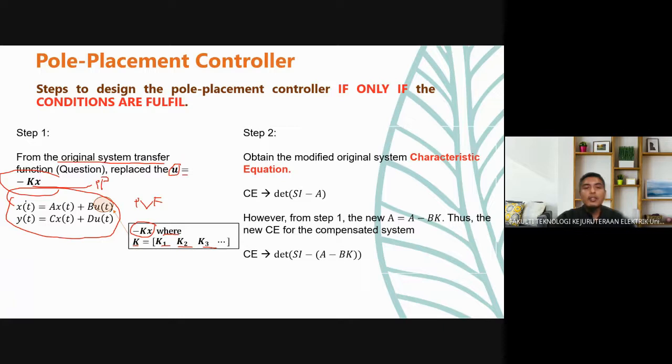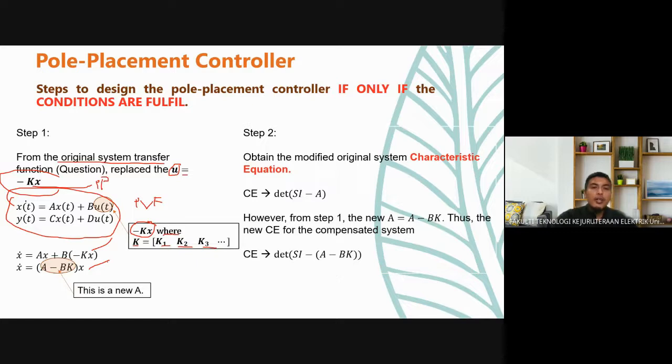After you apply the pole placement, just replace u equal to negative Kx. Finally, you get this one, negative Bkx, because you replaced u equal to negative Kx. And then after that, you just factorize the x, and this is the system with the pole placement controller.